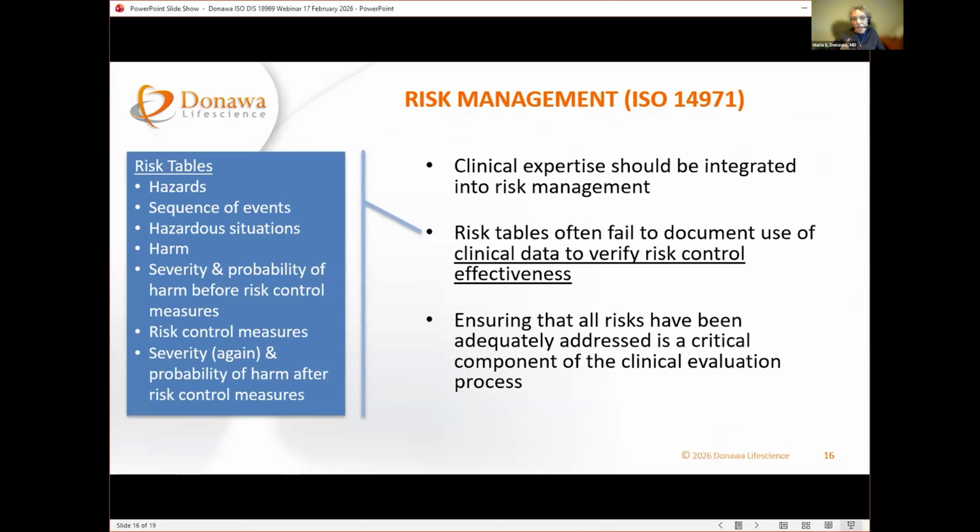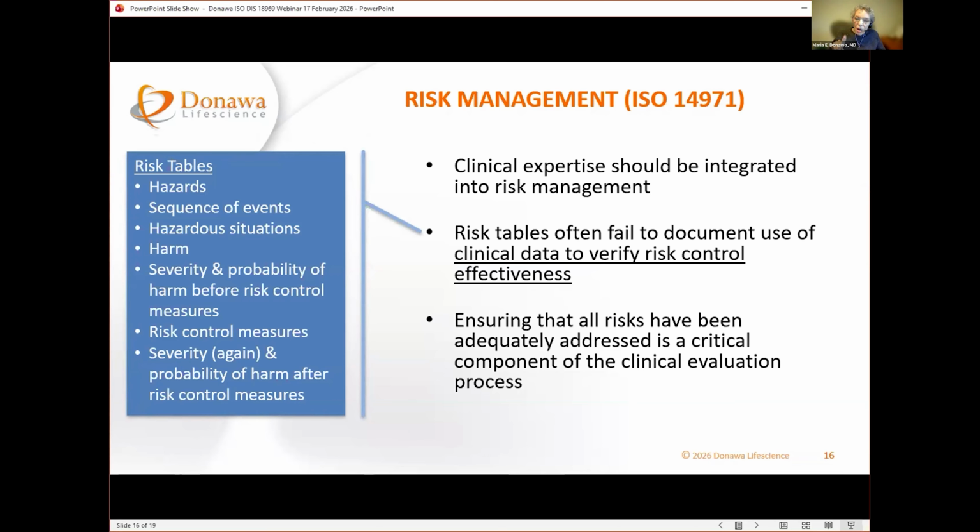So there's a particular point for the purposes of time that I want to make. Danielle emphasized the fact that there is benefit to have people work together, to have clinical expertise and risk management expertise work together.